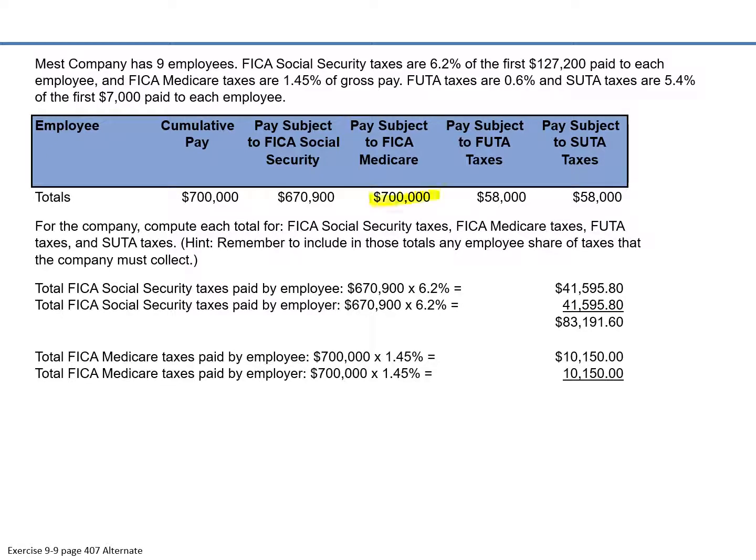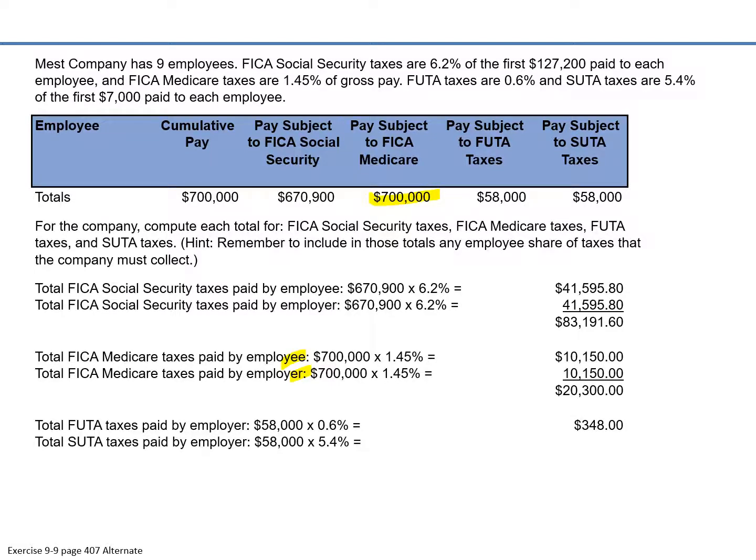It's just 700 times 1.45. Employee piece, employer piece, right? FUTA, 58,000 times 0.6. SUTA, 58,000 times 5.4. Total taxes. All right, exercise 910.